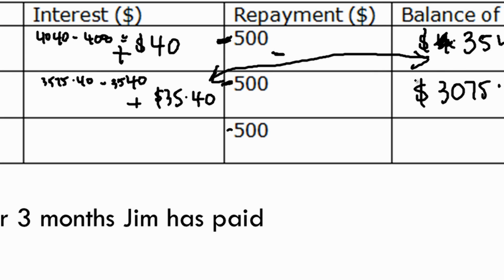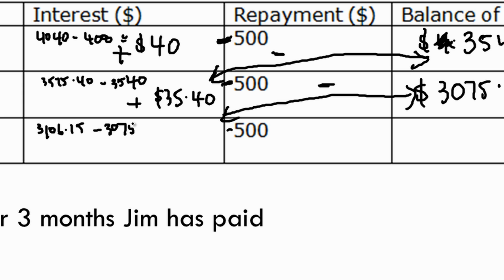And when we work all that out, it's just like a zigzag going down. Then we subtract to get the interest. When our A for this one is $3,106.15, to work out interest again, we subtract that $3,075.40 and our interest becomes $30.75.